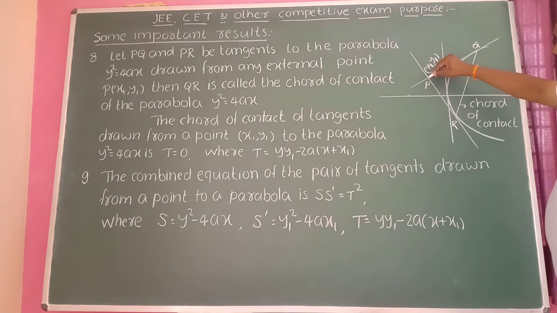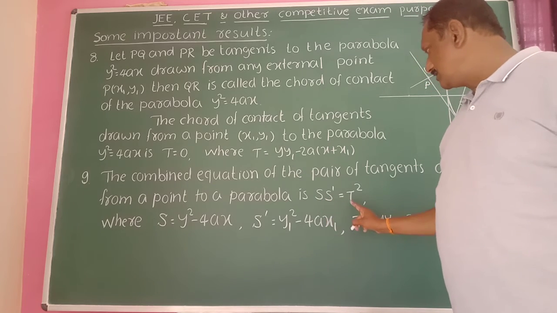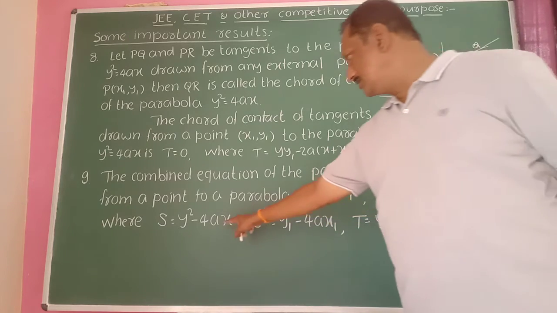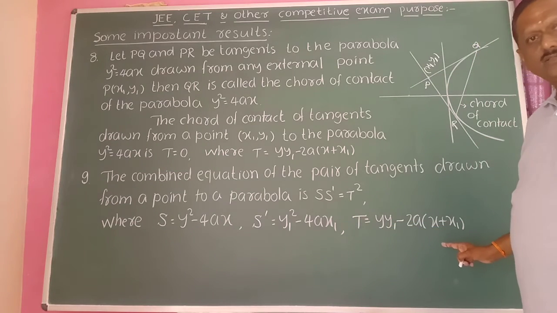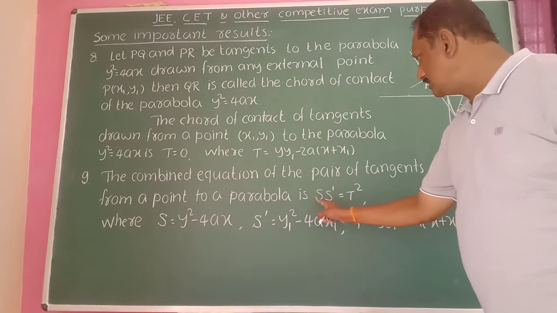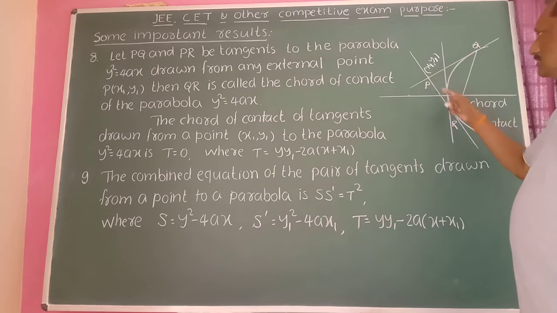PQ is one tangent, PR is the other tangent. The combined equation of these two tangents is given by SS' = T², where S, S' and T are these. Use these three results and simplify, and we get the combined equation of these two tangents.